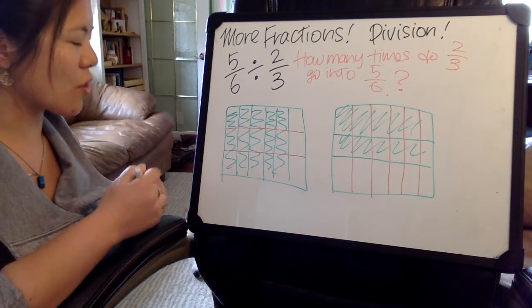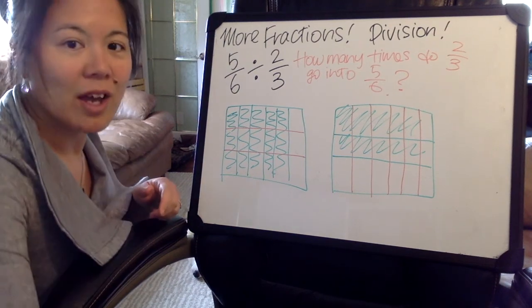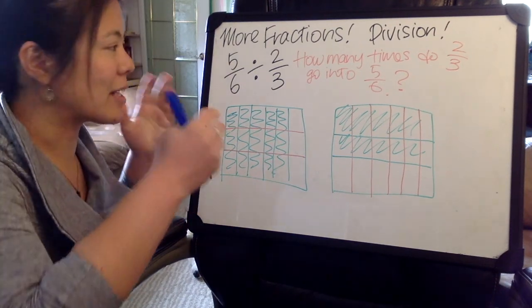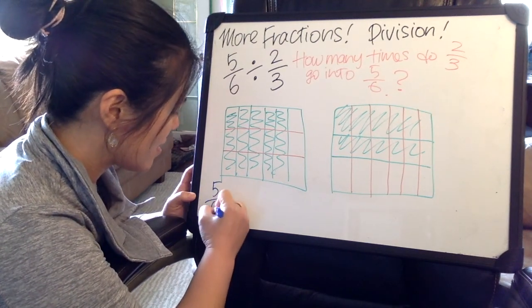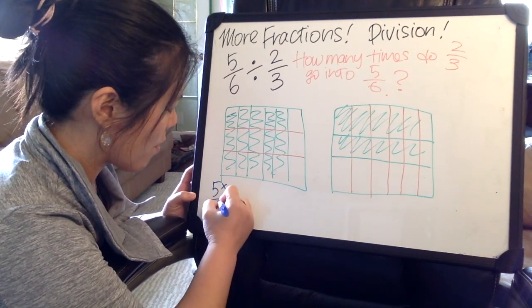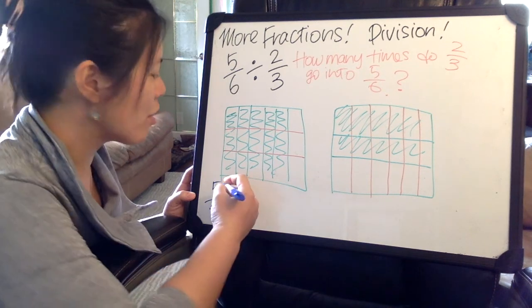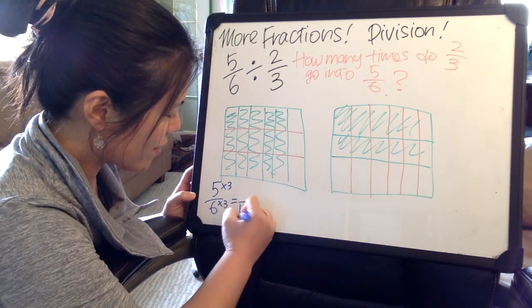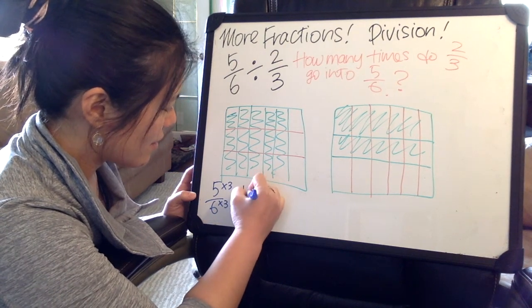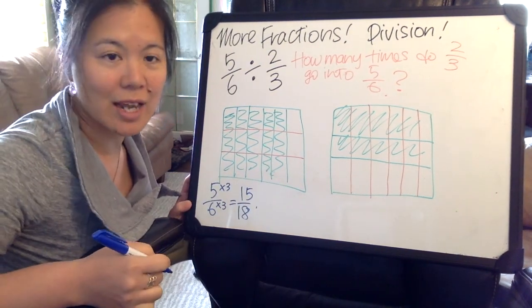And so what we did here was we found an equivalent fraction for both of the fractions, so 5/6. I multiplied both the numerator and the denominator by 3. So we found that it is 15 over 18, 15/18.